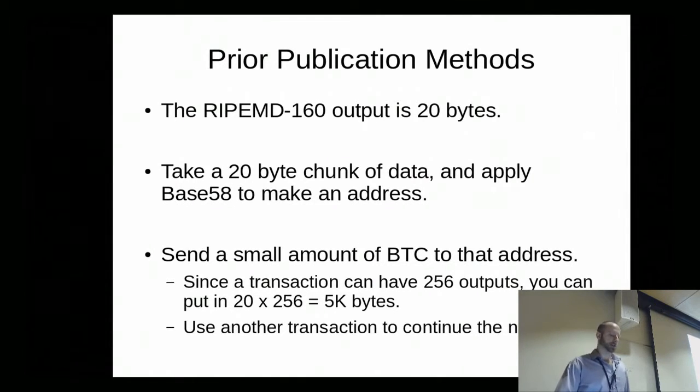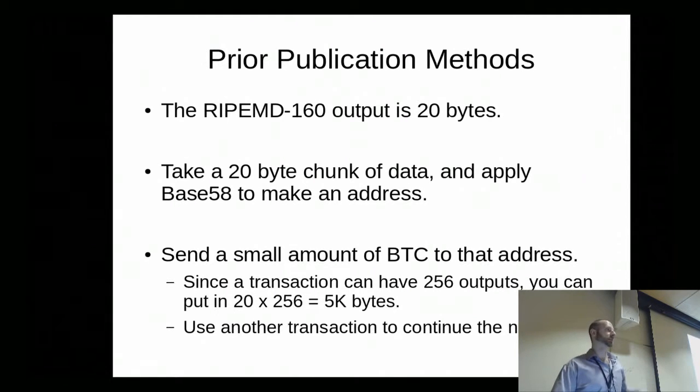Pretty much you can do this over and over again. You generate all these fake addresses and send a very tiny amount of Bitcoin to them. In a single transaction, you can have up to 256 outputs. So in a single transaction, I can say I want to give half a Bitcoin to this person, 0.3 Bitcoin to this person, 0.003 Bitcoin to this person, and so on.